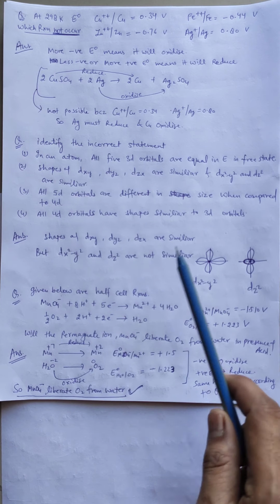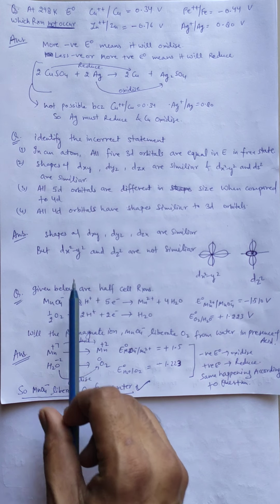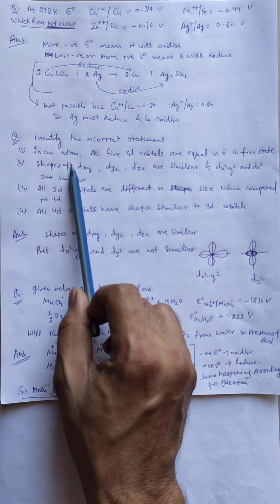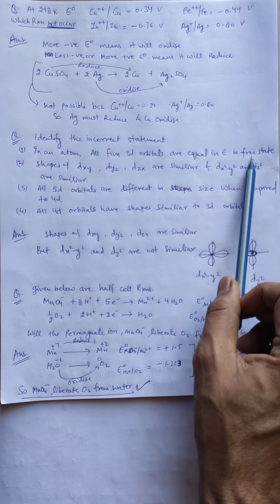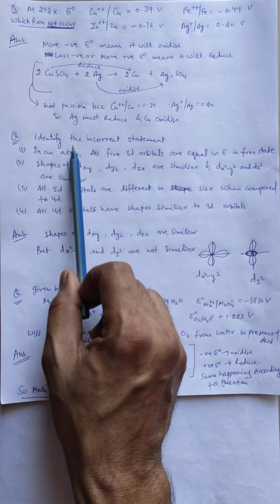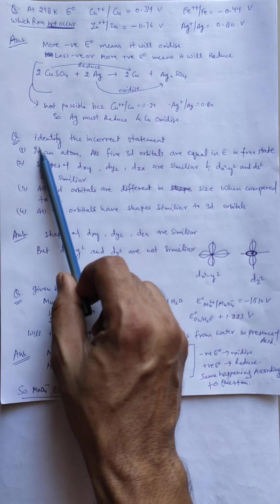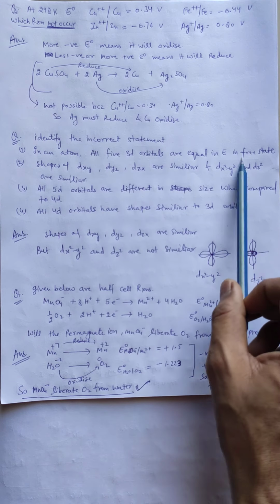Now the next question is, identify the incorrect statement. In an atom, all 5 3d orbitals are equal in energy in the free state. We have to find the incorrect one. So the first one is correct because all 3d orbitals are equal in energy in the free state.